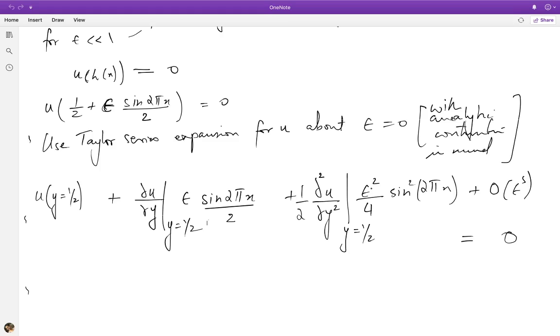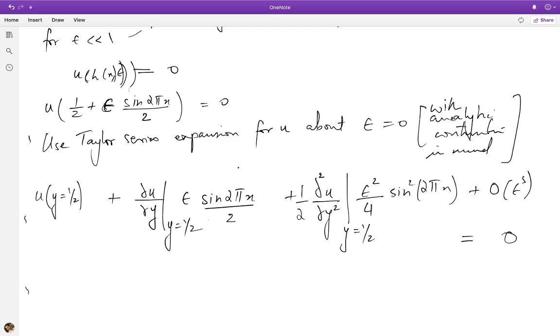So we've effectively moved the dependence of the problem on epsilon from being inside the domain of the problem, which means that u was earlier evaluated at h of x, where it's actually h of x comma epsilon. So the epsilon dependence of the problem was locked in the location of the boundary condition. We have removed that dependency on epsilon from the location of the boundary condition into the boundary condition itself, leaving the boundary condition now at a constant flat value y equal to half.